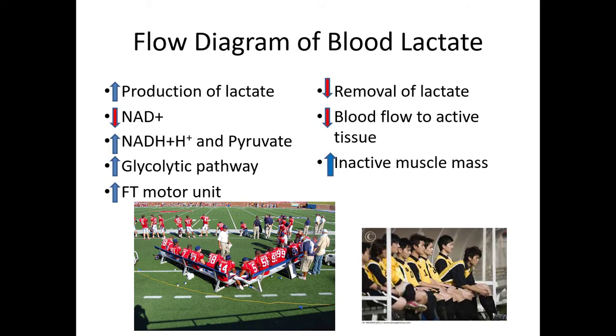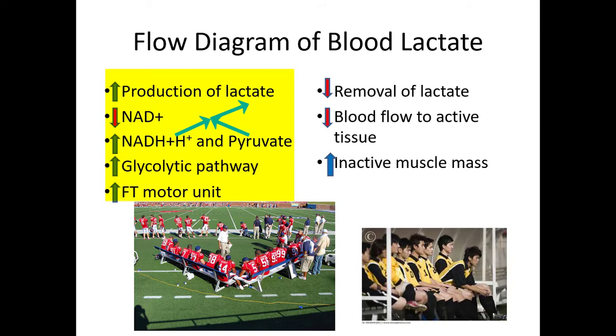On the left side are the factors that increase production of lactate. How about NAD plus decrease? NAD plus decrease increases production of lactate. And then NADH plus proton and pyruvate, because these two protons go to the pyruvate and become lactate.